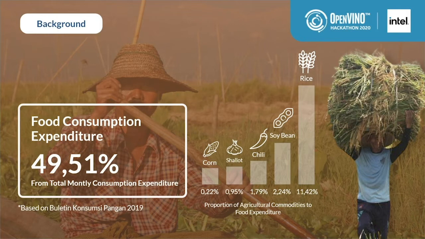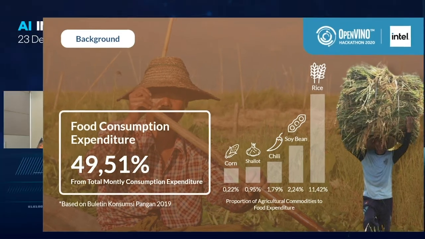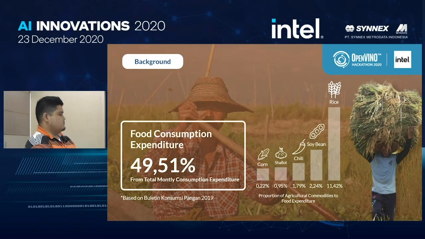So we chose these 5 commodities, and we try to collect the data set of these commodities, and also the pests and diseases for this data set, and we input them in the system so that the system can be taught and learn from this data.